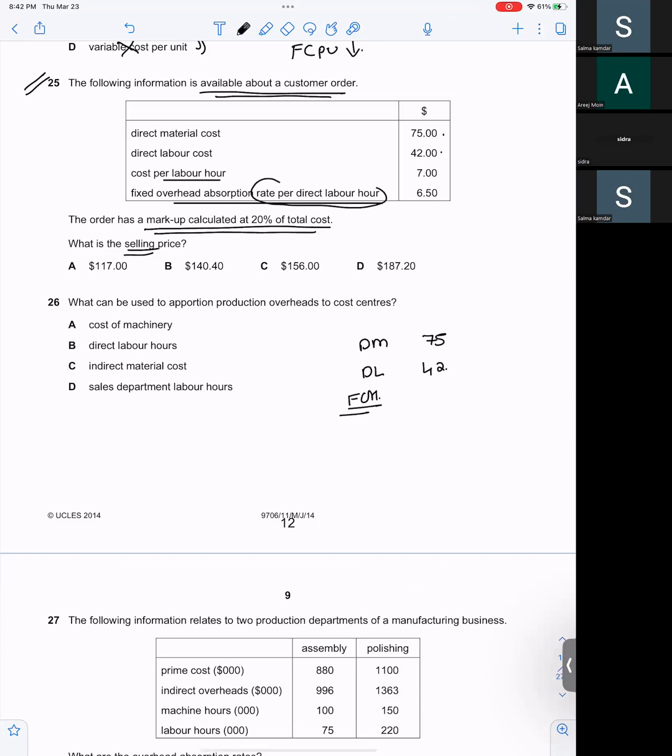Miss, you'll multiply cost per labor hour with fixed overhead absorption rate? Fixed overhead absorption rate is per direct labor hour. Now, if you see, cost per labor hour is 7, and my total direct labor cost is 42. So can I get my labor hours per unit?